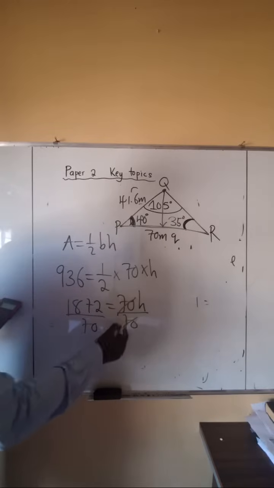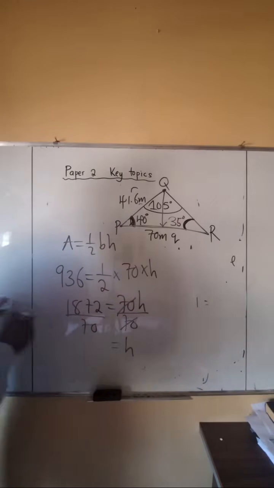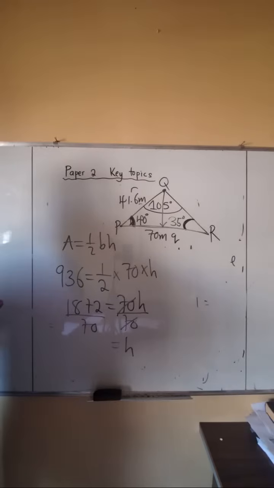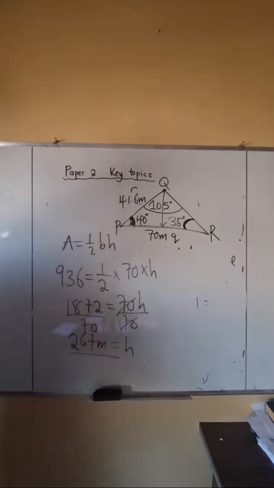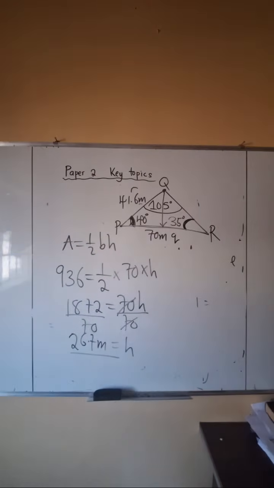So the 70 and 70 will go. Our H, this is our shortest distance. When you divide by 70, we are of course getting 26.7 meters. This is how you find the shortest distance.